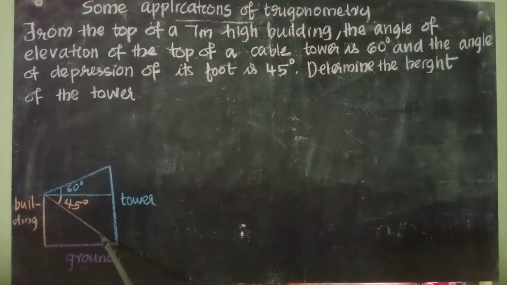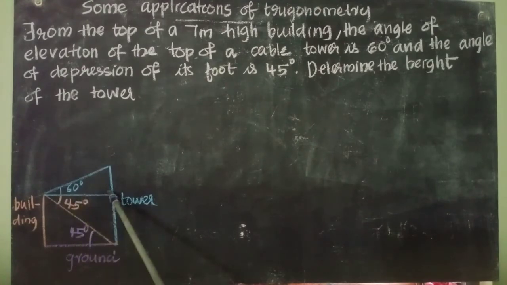It also will be 45 degree because this ground level and this horizontal line are parallel and this angle of depression and angle of elevation are alternate interior angles. So they are equal. Whenever you are marking the angle of depression, remember to mark its angle of elevation also.